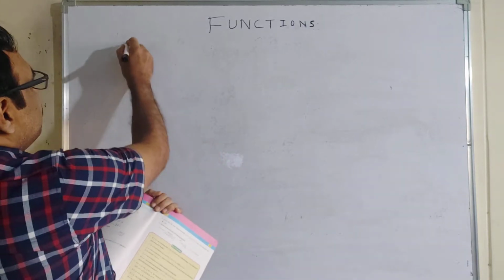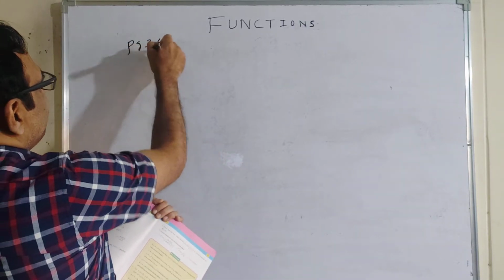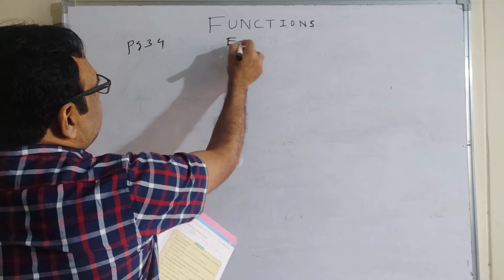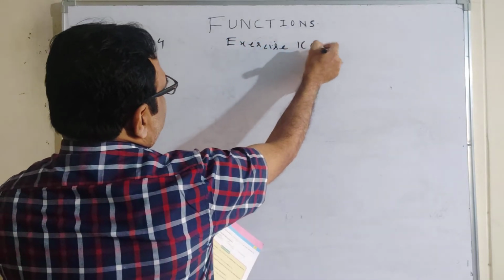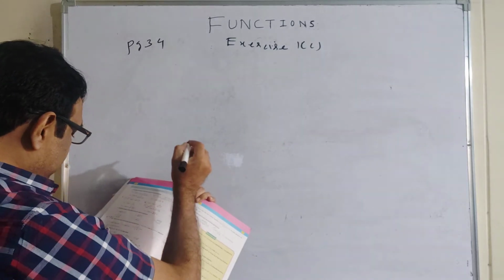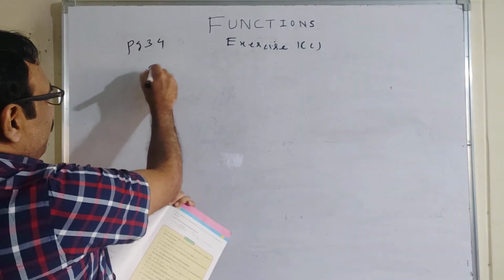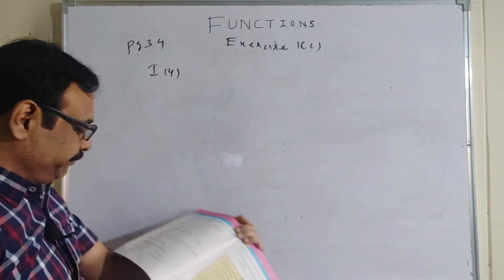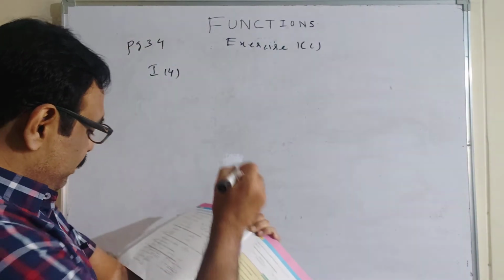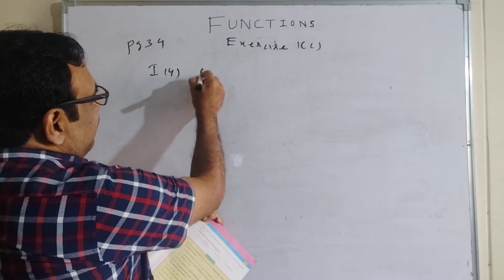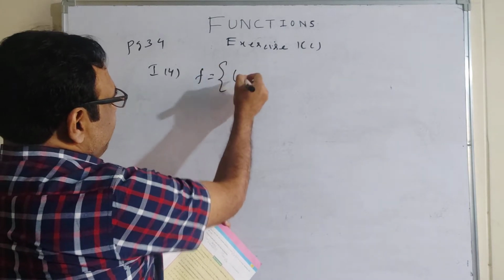The page number is 34 and this is exercise 1C. In 1C you are going to write Roman number 1, problem number 4, which is there in Telugu Academy. Now here you are going to write f is equal to, he has given one set.